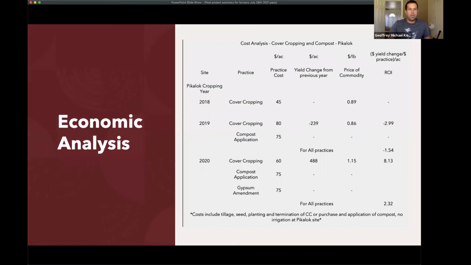There would have been a negative return if cotton prices had stayed level, because the costs did not go down. This is the hard part. We wish it were easier, but if cotton prices are under $1, it's not really economical. There's no way to pay for the practices.